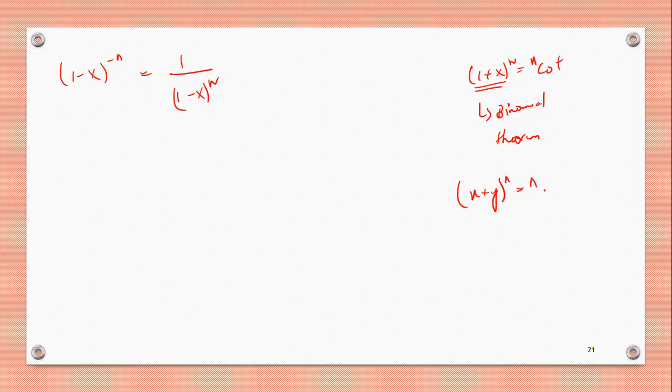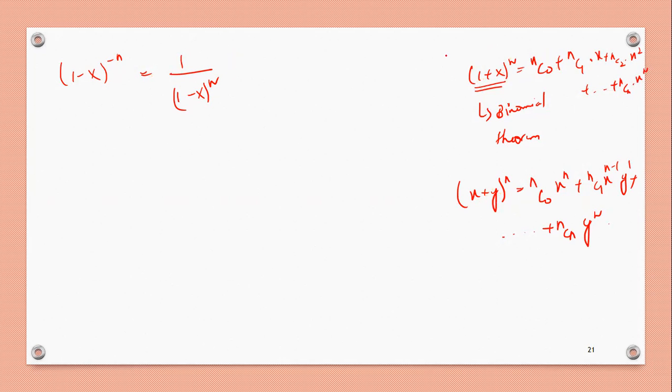X plus y whole power n is nc naught x power n plus nc1 x power n minus 1 y power 1 plus and so on up to ncn y power n. So this way, if I write for this, instead of x I am taking 1, instead of y I am taking x, then it will be nc naught plus nc1 into x plus nc2 into x square and so on till ncn into x power n.